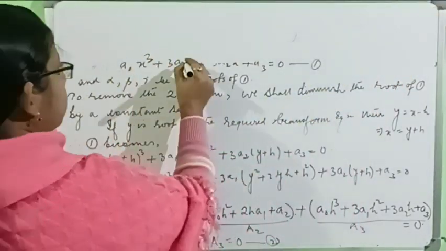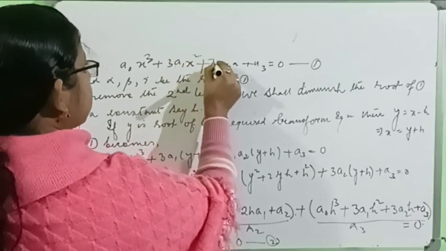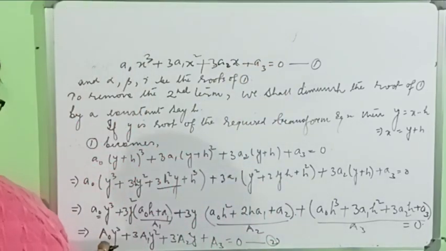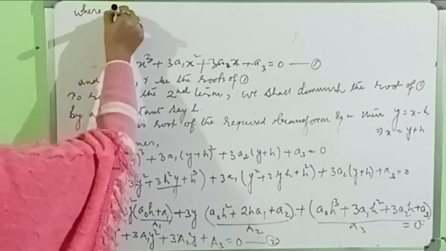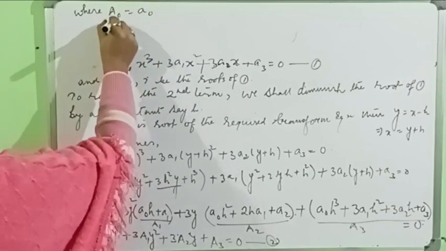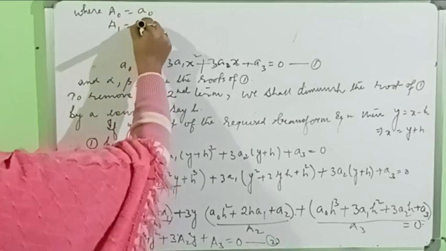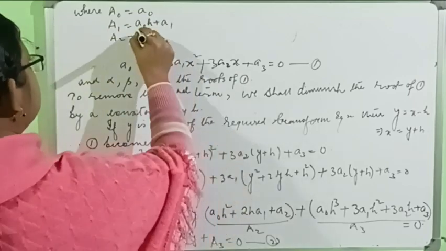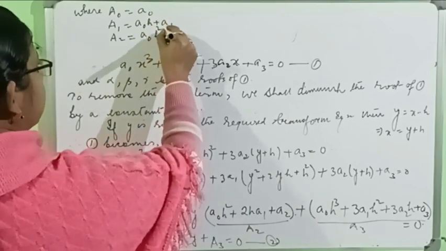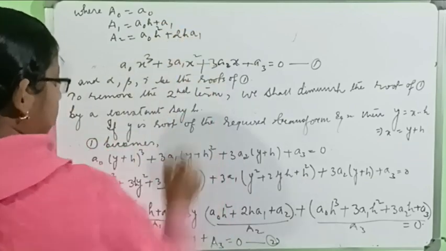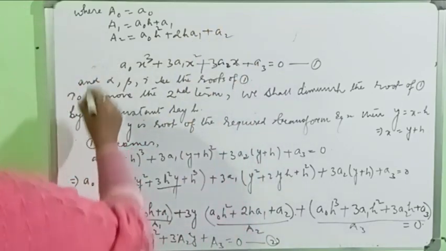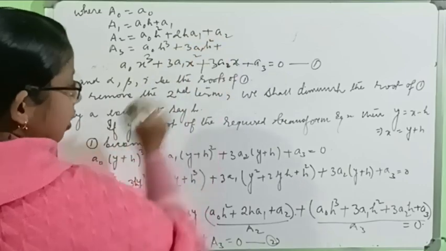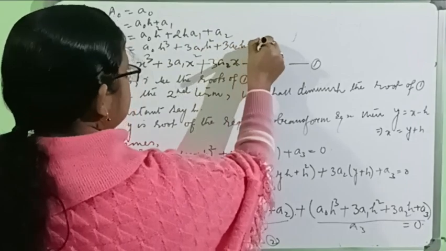This is my a naught x cube plus 3a1 x square plus 3a2 x plus a3, where a naught is equal to a naught, a1 is a naught h plus a1, a2 is a naught h square plus 2h a1 plus a2, and a3 is a naught h cube plus 3a1 h square plus 3a2 h plus a3.